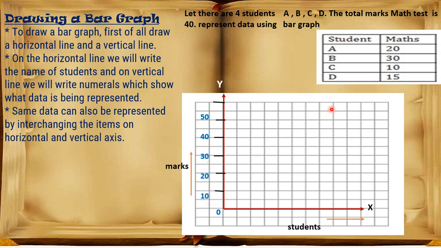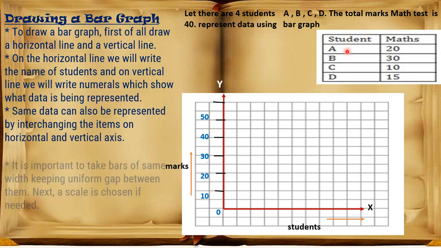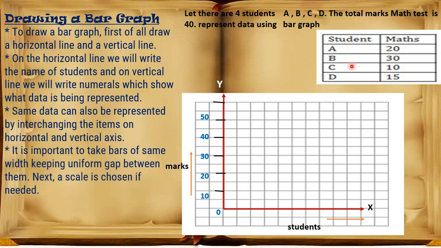Now we have to draw the rectangles for each student. We have to make the bars carefully so that their width is uniform and there is a uniform distance between any two bars.